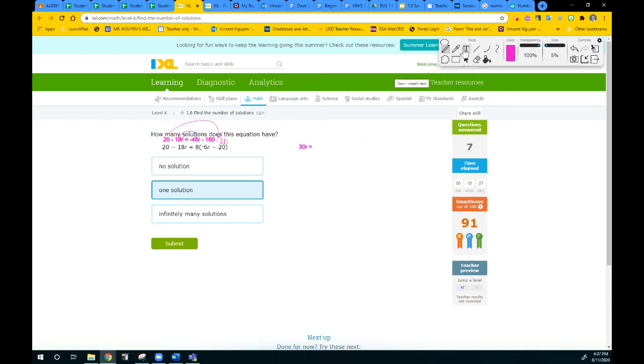So this is going to be equal to negative 160 and negative 180. I divide by 30. R equals negative 6. So there is that one solution. It didn't ask us for it, but I just wanted to prove to you that it does give you one solution.